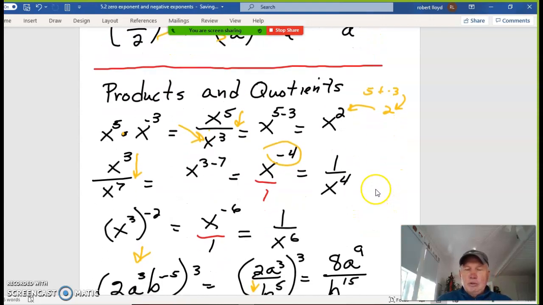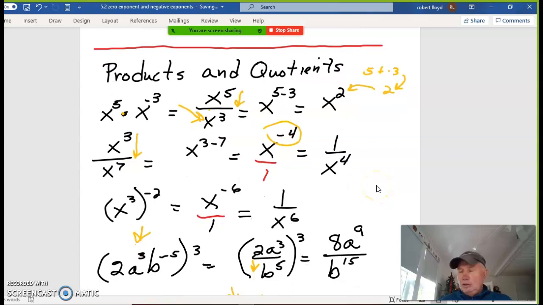So products and quotients. Products, of course, means multiplication. Quotient means division. Our first example is x to the fifth times x to the negative third. We can do it one of two ways. This is multiplication, so we can add these. 5 plus a negative 3 equals 2.